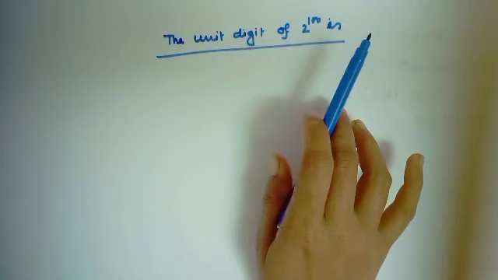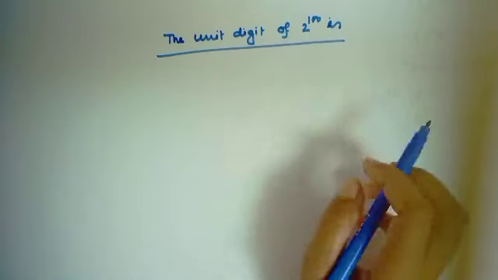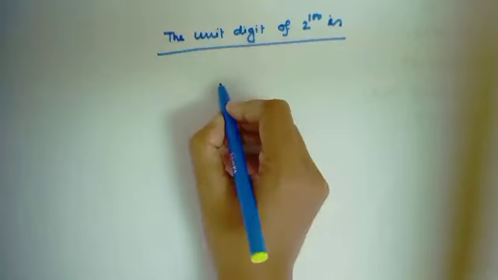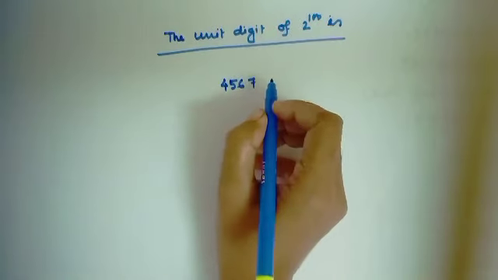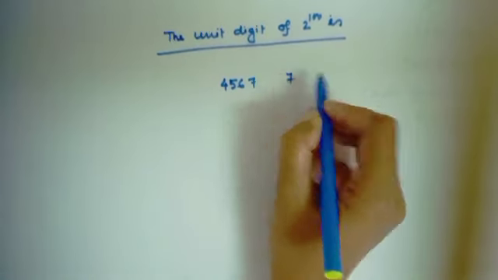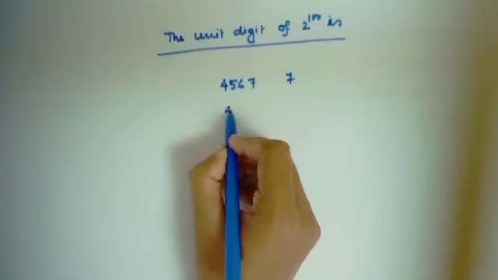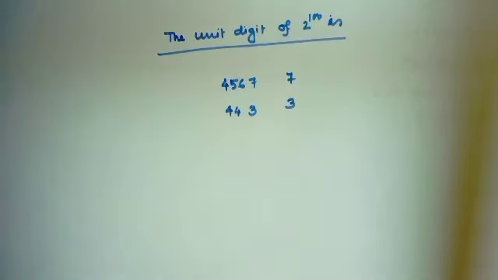Let's see first what the unit digit is. In 4567, what is the last digit? The last digit is 7. In 443, the last digit is 3.